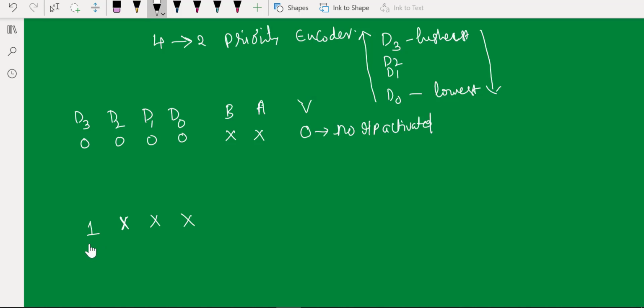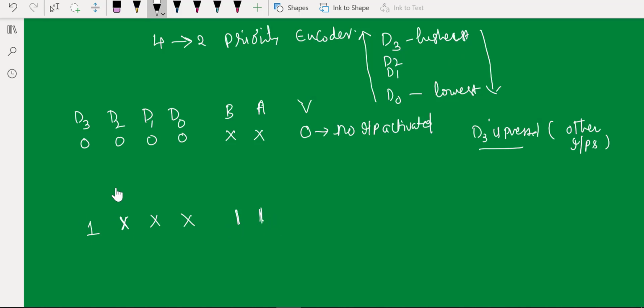So when D3 is pressed, since it has the highest priority, it doesn't care whether other inputs are pressed or not. So I'm keeping a don't care. So you're going to get 1 1. D3 has the highest priority, so it's supposed to produce 1 1 as output.